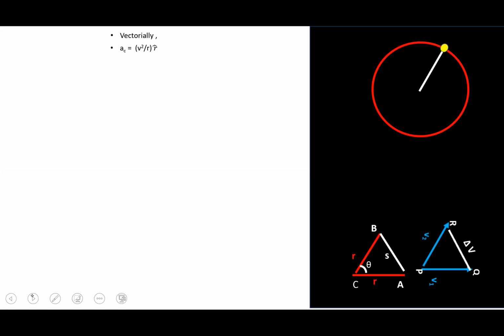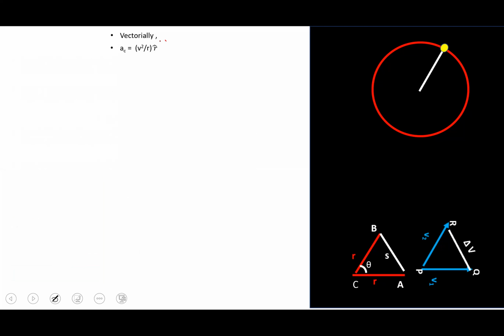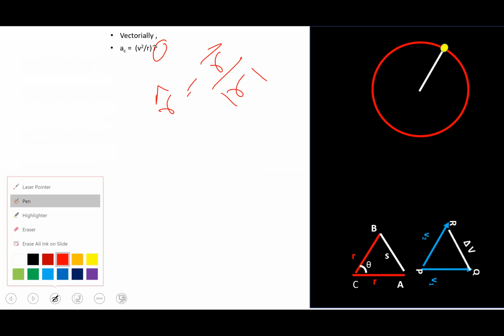Now, what is a unit vector? Unit vector basically is the ratio between the vector r divided by its magnitude. It only has direction, it does not have any magnitude, or magnitude is taken to be 1 in this case.